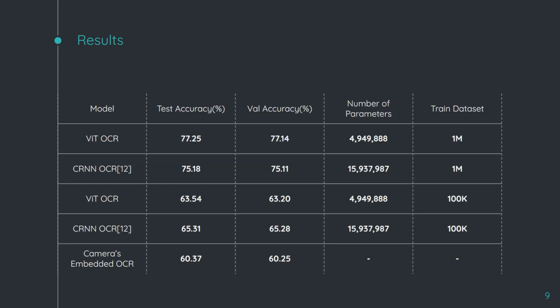On the full LicenseNet dataset, multipath ViT outperforms its CRNN counterpart with a margin of 2% accuracy. In the meantime, multipath ViT is 3 times smaller than the CRNN model in trainable parameters. So not only does multipath ViT have better accuracy, but it is also much easier to train and employ on edge devices and small kits.